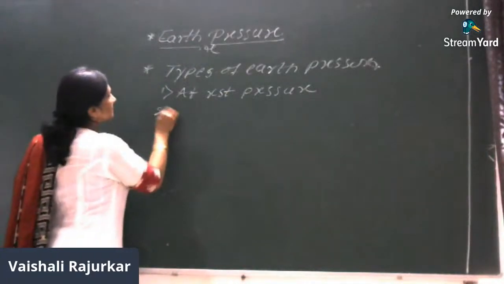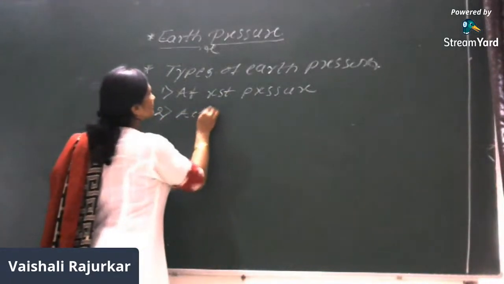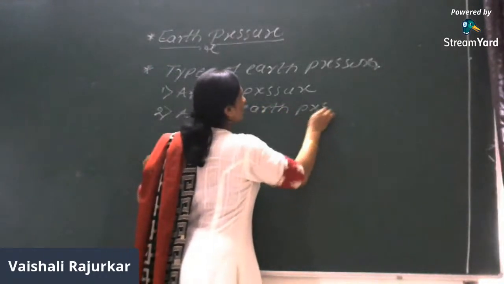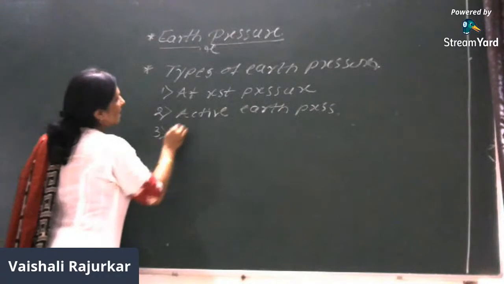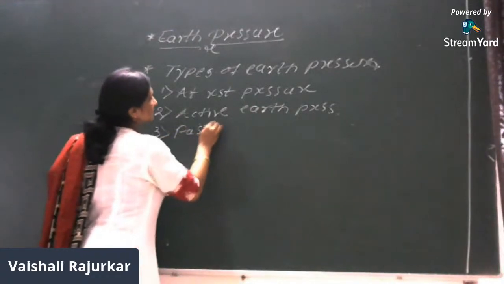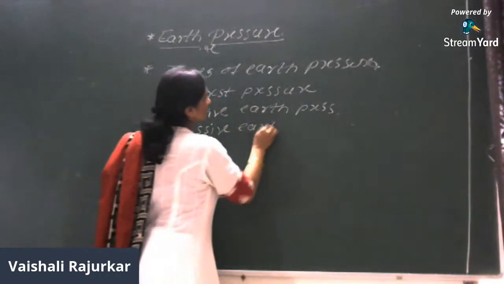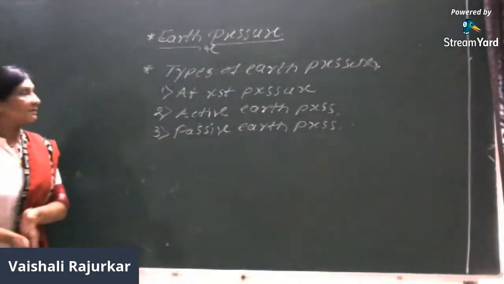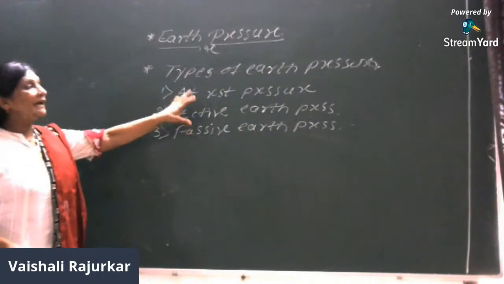Then second is active earth pressure. And third is passive earth pressure. So there are three earth pressures. First is the very important at rest pressure.